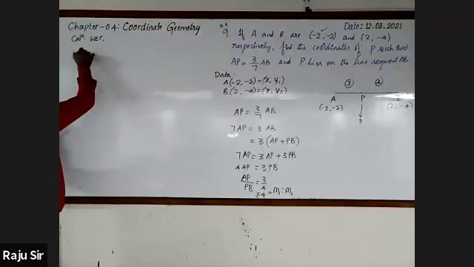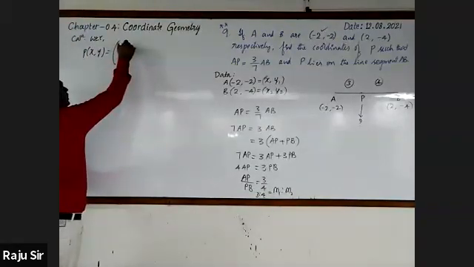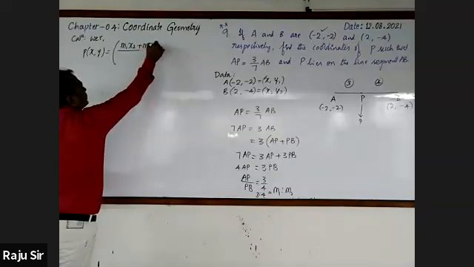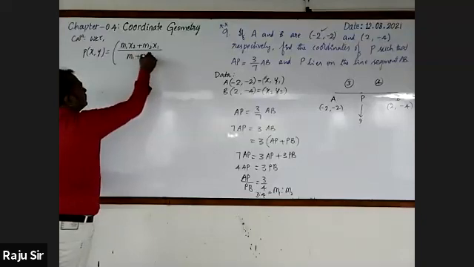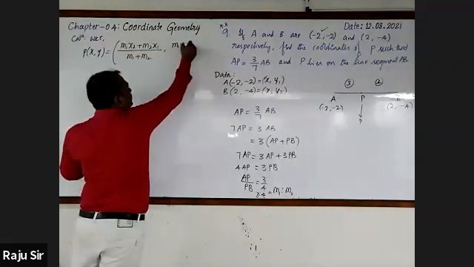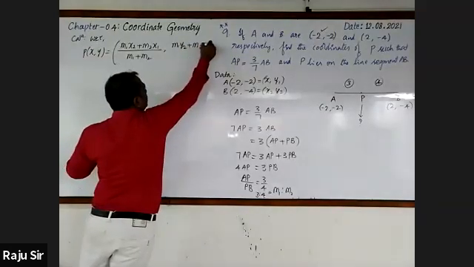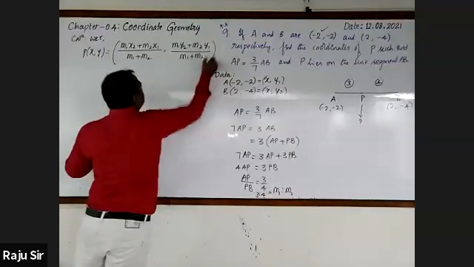Here, P of x comma y is equal to M1 x2 plus M2 x1 by M1 plus M2, and M1 y2 plus M2 y1 by M1 plus M2.